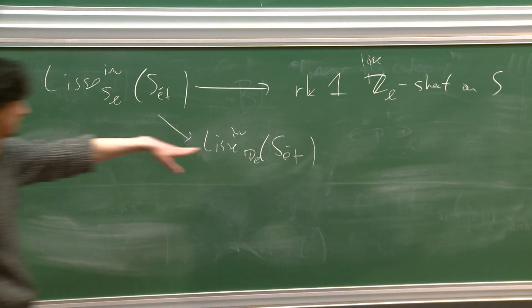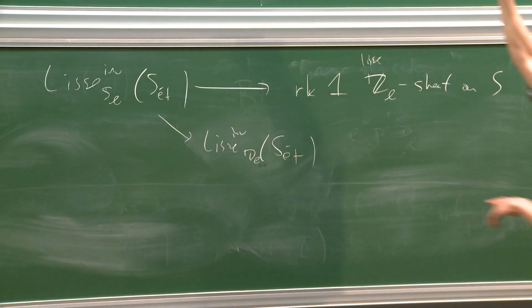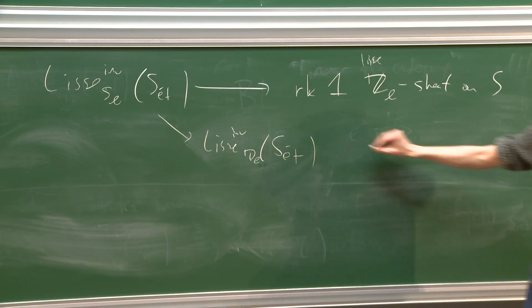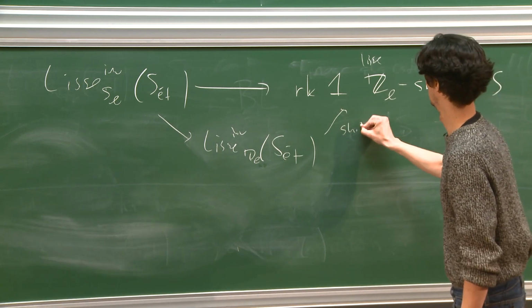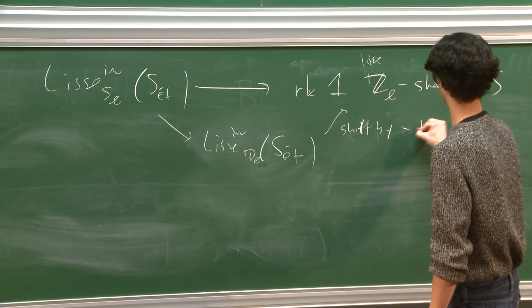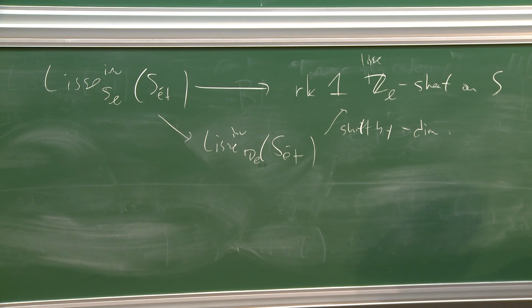Then this lives in some cohomological degree, which was this dimension that we defined, but then you can shift it down so it lives in degree 0, and you get one of these objects here, so shift by minus dimension. So that's the second invariant you get.